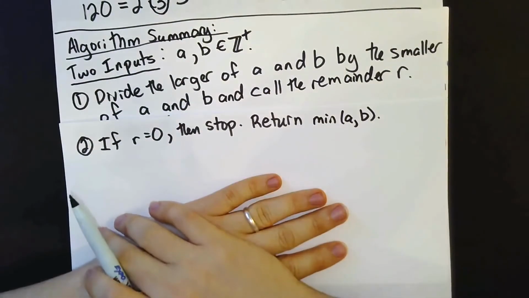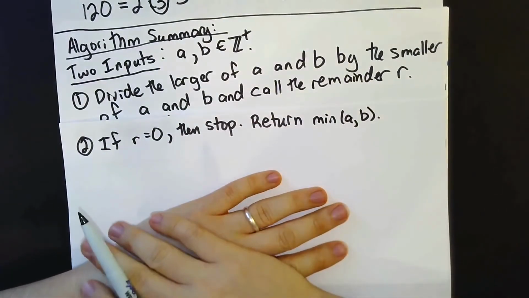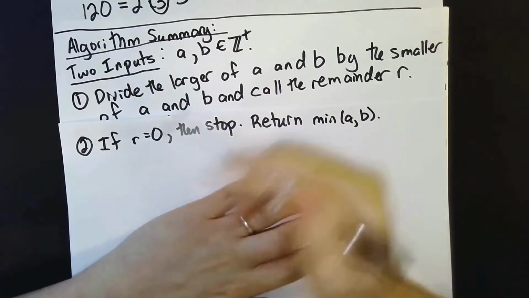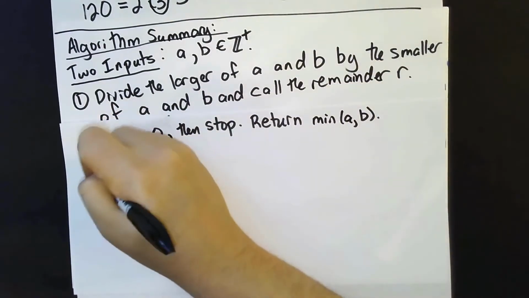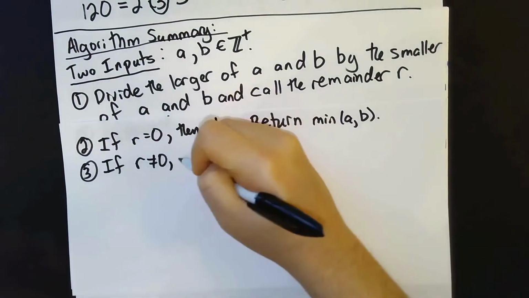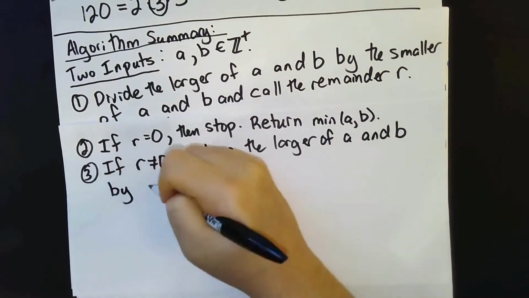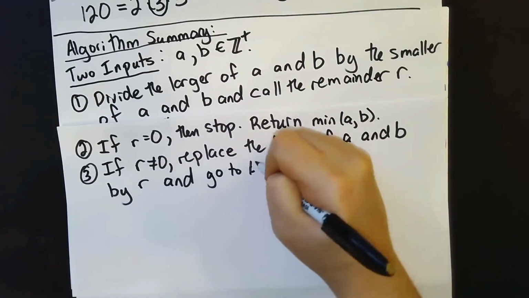But in fact, in this algorithm, I am not going to keep A and B representing the inputs. I am going to replace them, because if this R is not 0, then I am going to replace the larger of A and B by R. And then I go back to step 1.